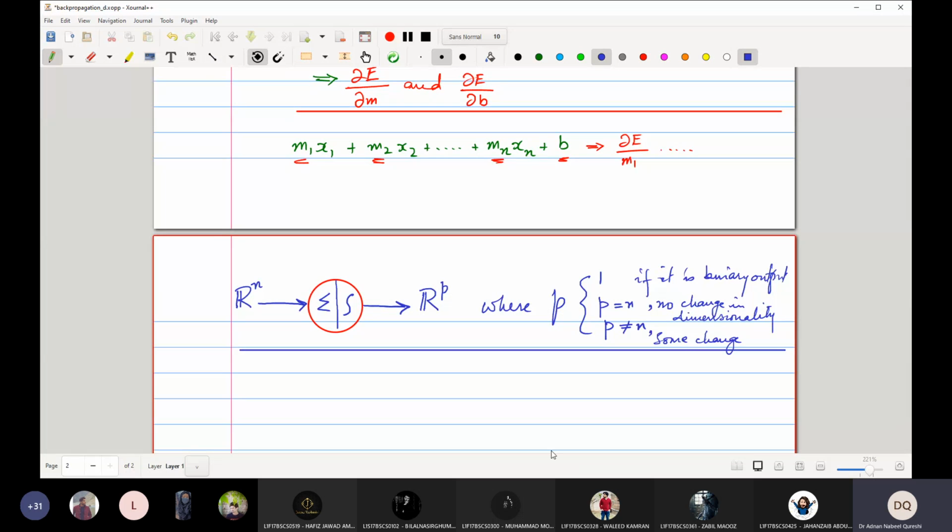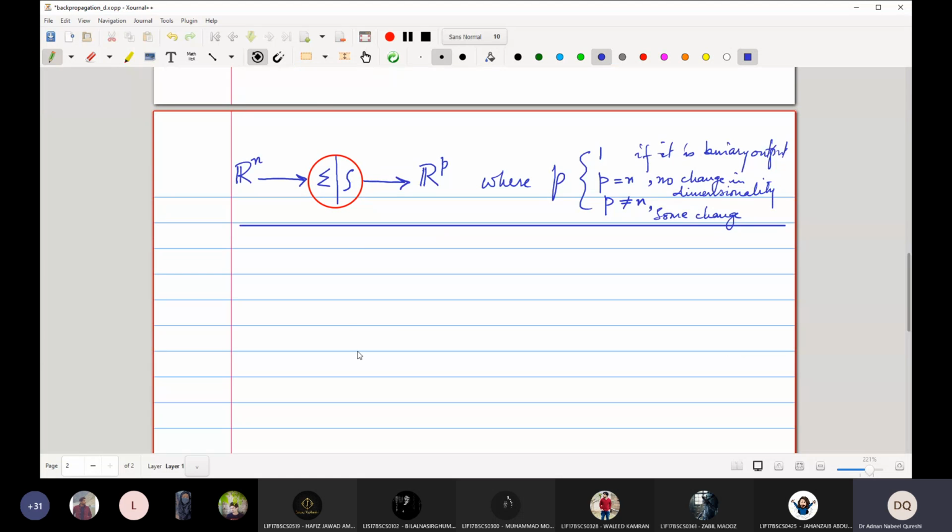Then if we extend it, if I draw this same diagram again but in a slightly different way, we will have multiple inputs coming in and multiple outputs going out. If you have access to the previous lecture notes, I used very simple names or labels.